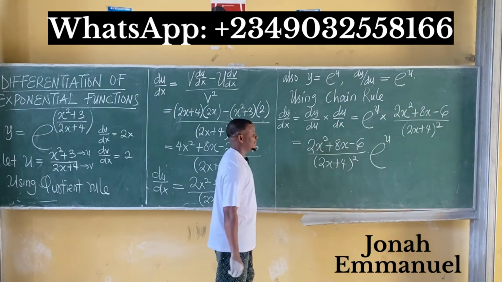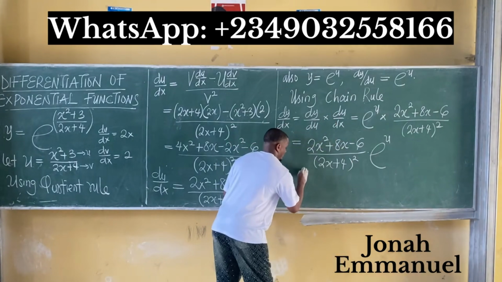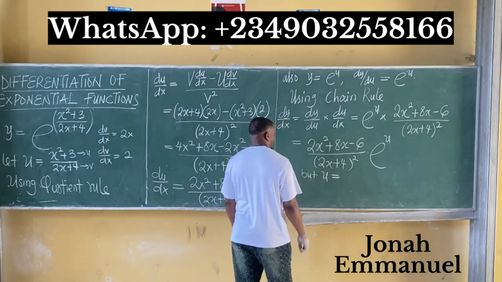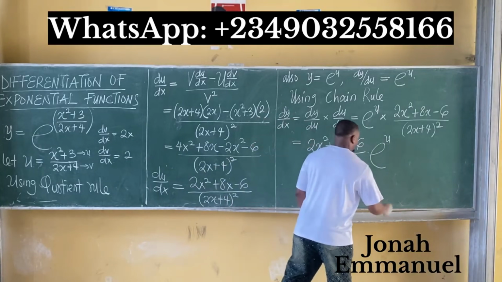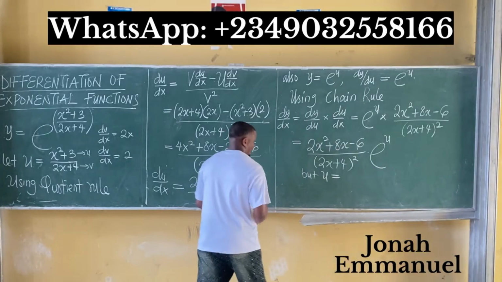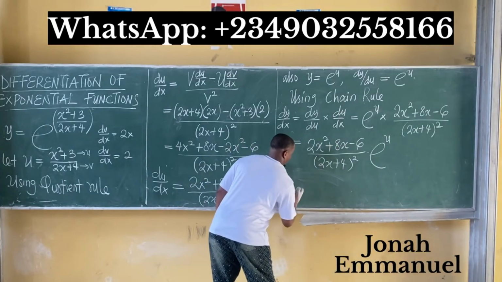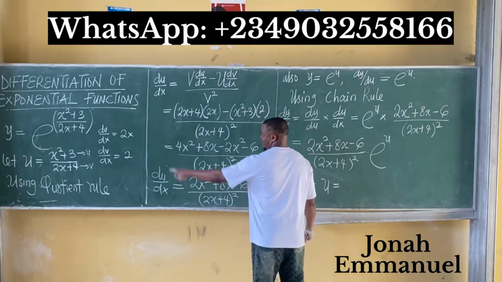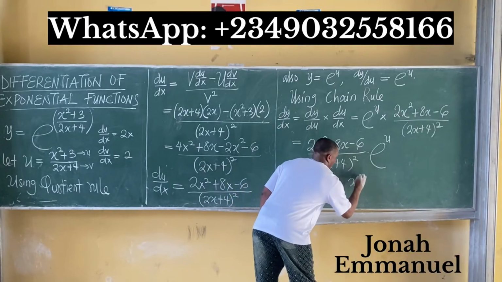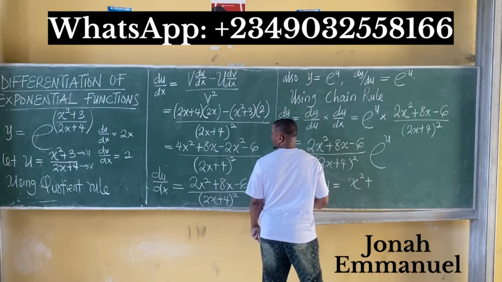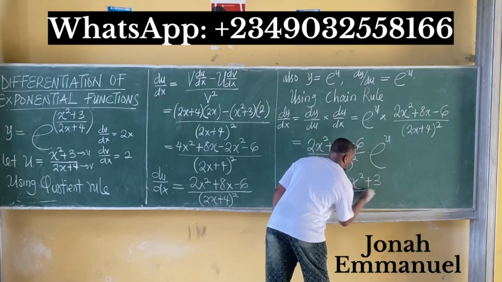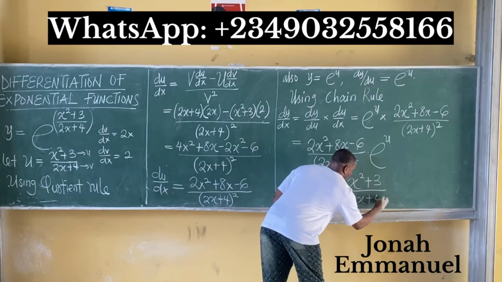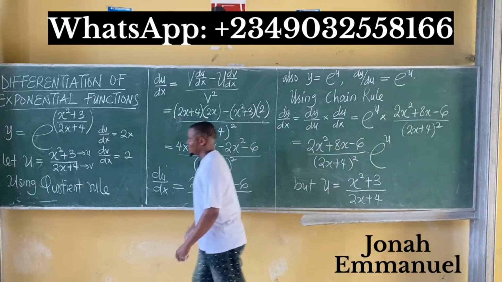What's the final step there? But u is equal to, what's u again? x squared plus 3 all over 2x plus 4. So what's my final answer?